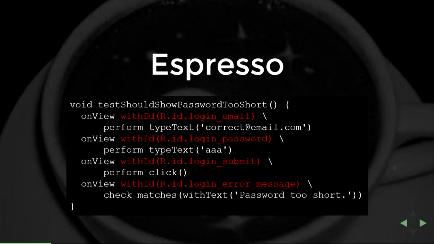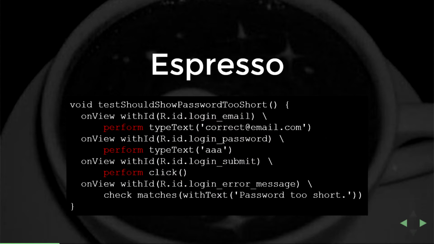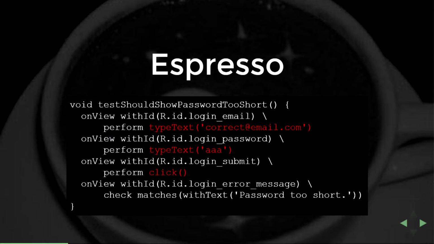So on a given view, and you need to identify this view. So for example, on login email, you perform an action, and in this case it will be typing a correct email and then typing too short password, for example 3A's is too short for me, and then click on a submit button. Simple stuff, right?